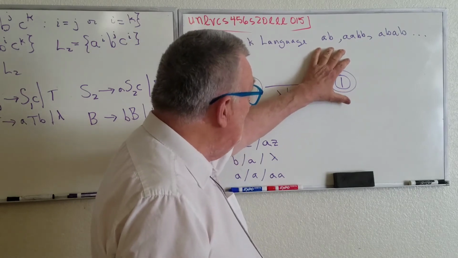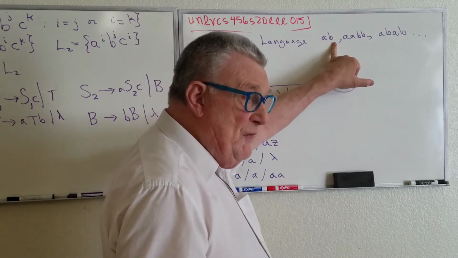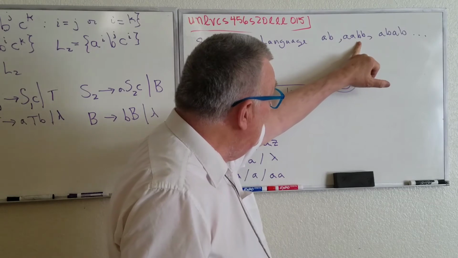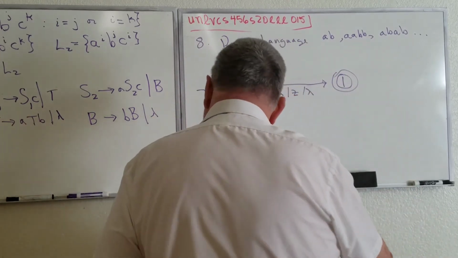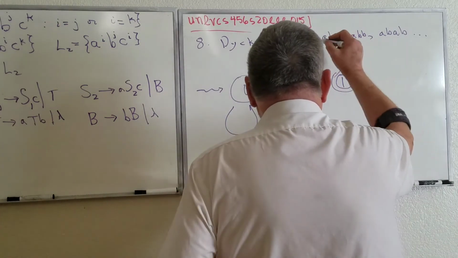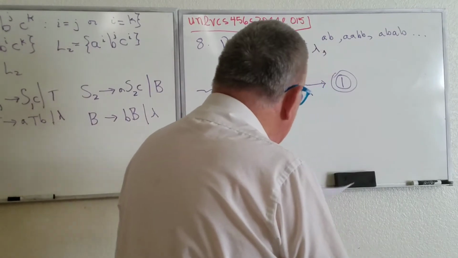But in order to make it easier to grade, I said to use A and B for left and right brackets. So this would contain strings like A B A B B A B A B, and an important string that I forgot to mention is, of course, lambda, the empty string, is also a member.